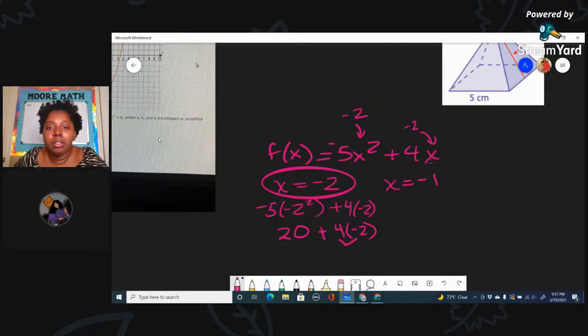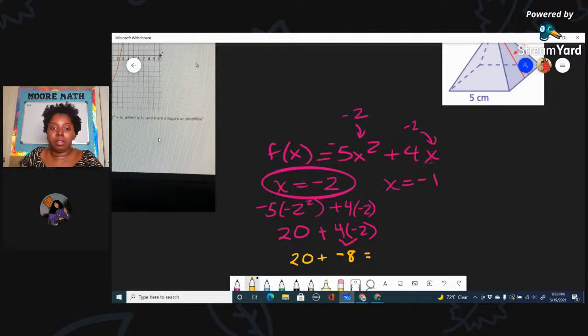Wait. So why is it negative 2? Because the original x was negative 2. Okay. So anytime you see x, you have to plug in negative 2. Okay. So 4 times negative 2 is what? 4 times negative 2 would be negative 8. Good. And then 20 plus negative 8. Okay.